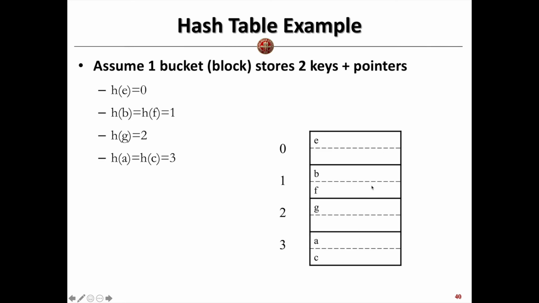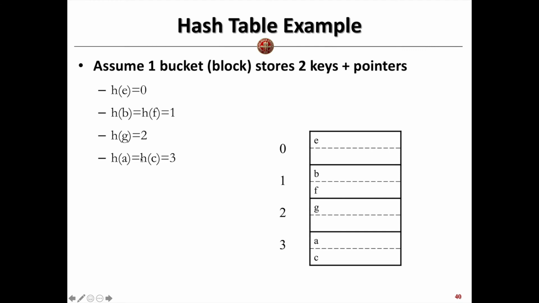How about the hash function? In this example, the keys we have are some chars, either E, B, F, G, A, C, right? These are the chars as such keys. And through the function, they can project these chars or such keys to some bucket ID from 0, 1 to 3. This is the hash function we have.